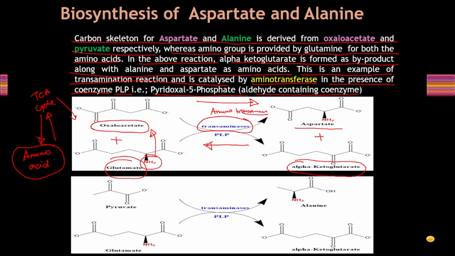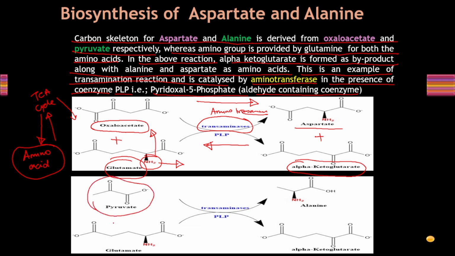And you are going to have a very high quantity of oxaloacetate, and that oxaloacetate will enter the Krebs cycle for energy production. And as a byproduct, it is also going to synthesize glutamate, and that glutamate is going to be used for protein synthesis. Similarly, a similar kind of transamination reaction can also occur with pyruvate.